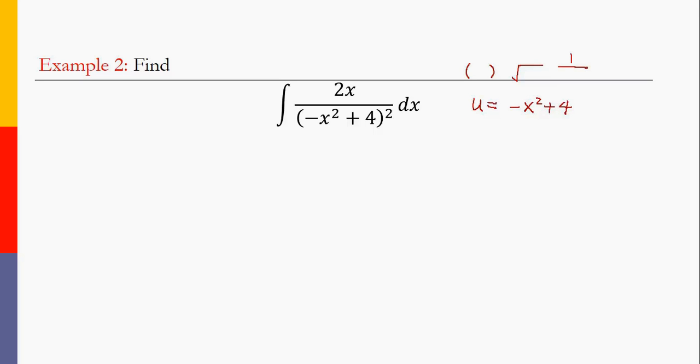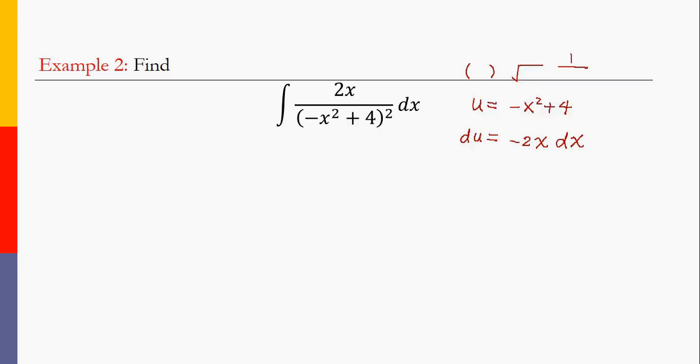Do not make the mistake and choose your u to be negative x squared plus 4 quantity squared, because we want our u to be as simple as possible. So next, our du will be the derivative of negative x squared plus 4, which is just negative 2x dx.